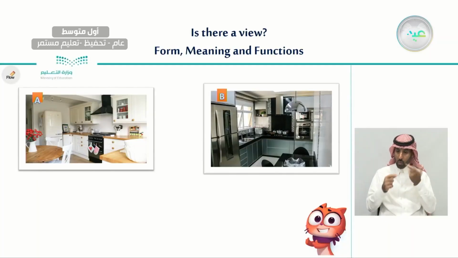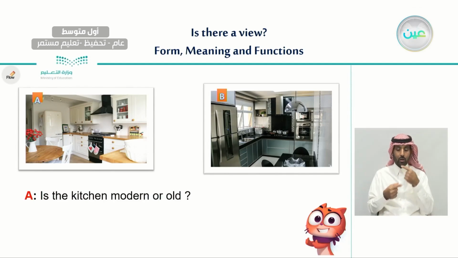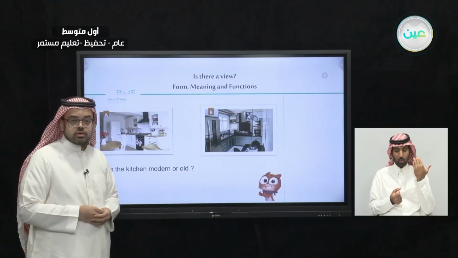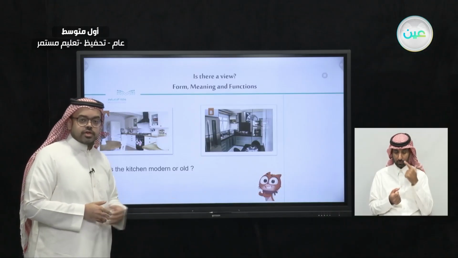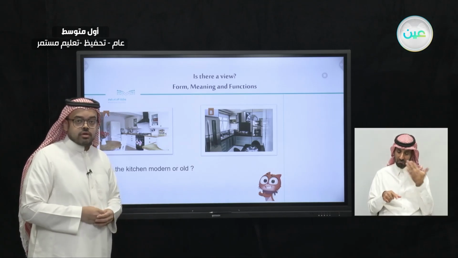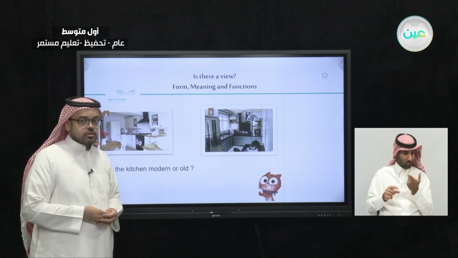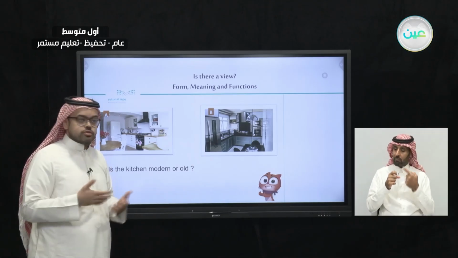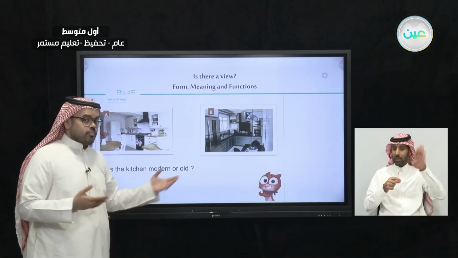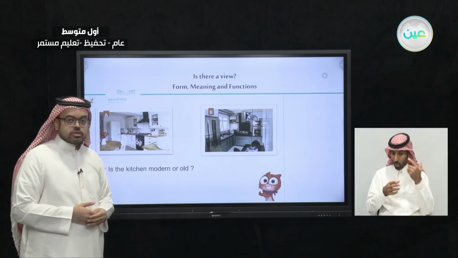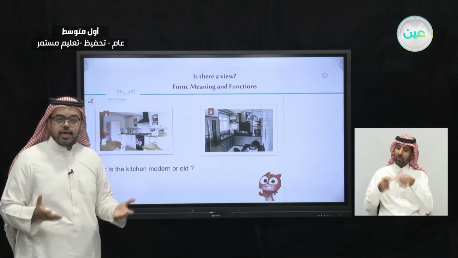For example, I would ask if the kitchen is modern or old. If my partner says it is modern, I would choose which picture? Very good, picture B. If my partner says it's old, I would choose picture A.